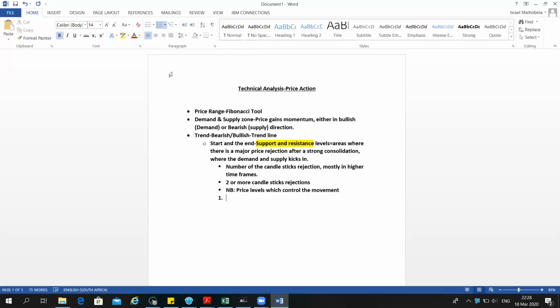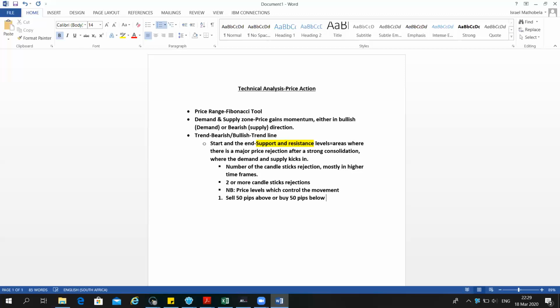Once these price levels are broken for some time, you normally either sell 50 pips above or buy 50 pips below.